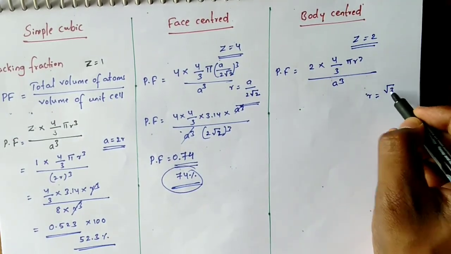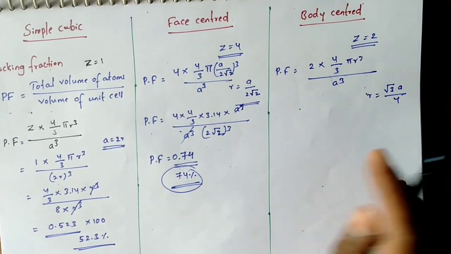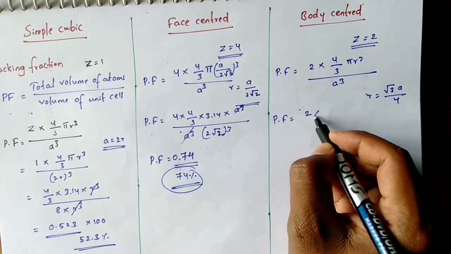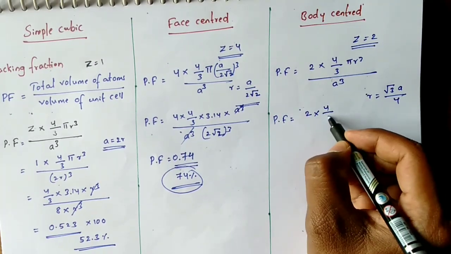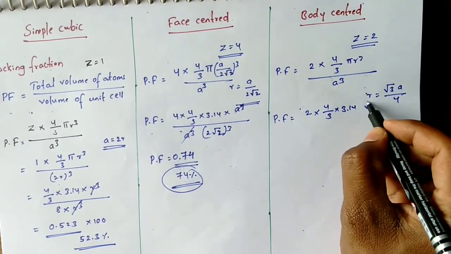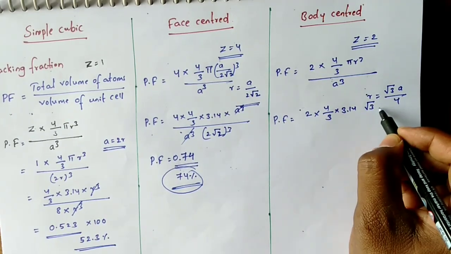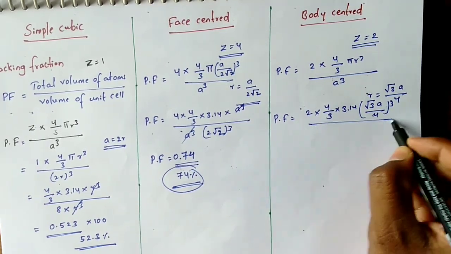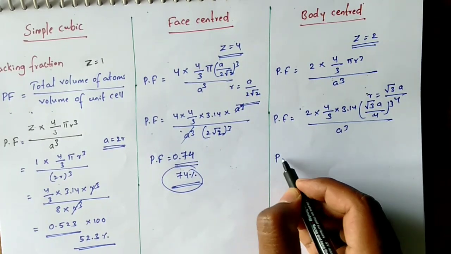Radius equal to root 3a by 4. Okay, so substitute here: packing fraction equal to 2 into 4 by 3, pi value 3.14, and r cube means root 3a by 4 cube by a cube.